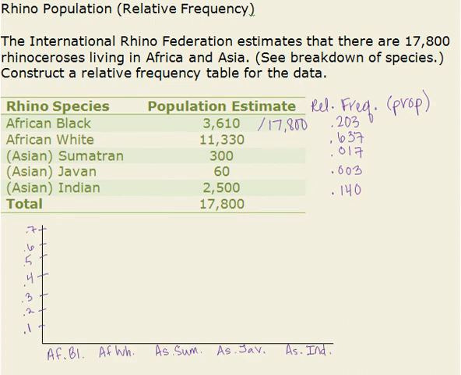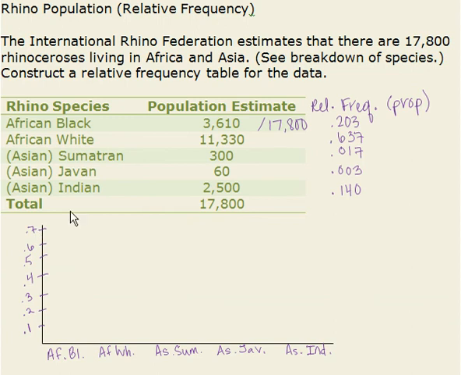Okay, I have created my table, and you can notice on what would be considered your y-axis, I have my relative frequencies 0.1, 0.2, 0.3, 0.4, 0.5, 0.6, 0.7. I chose this scale because if I look at my relative frequencies, again you always have to start at 0, but I have as high as 0.637, so I knew I need to at least get to a 0.6.